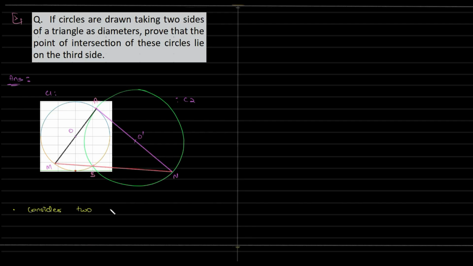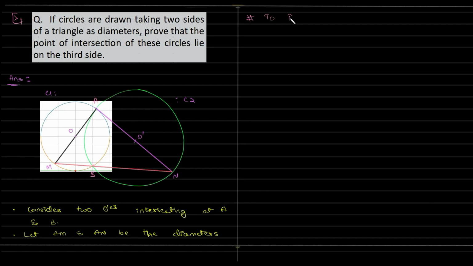Consider two circles intersecting at A and B. Let AM and AN be the diameters.